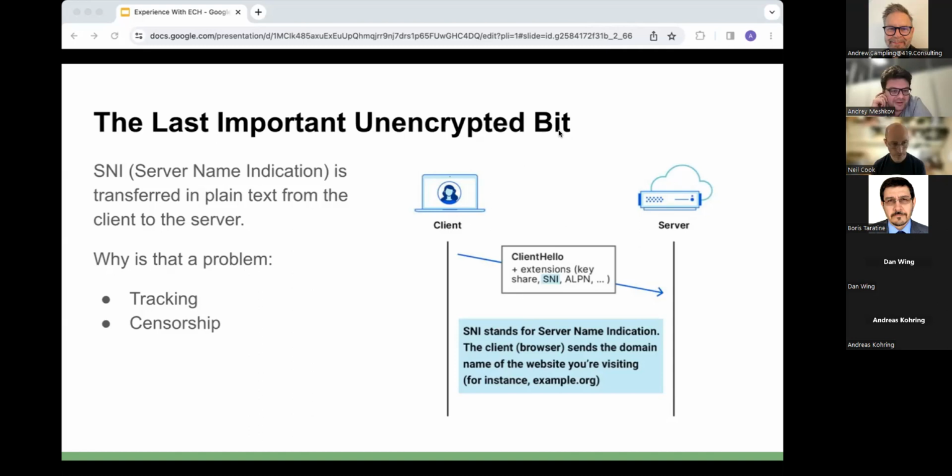There are two big issues with plain server name indication. The first issue is tracking. And just to give you a few examples of that, major ISPs are known to use all the metadata that they can observe for targeted ads, basically for building their customers' profiles and then using it for targeting ads in this or that way, or maybe selling to third parties.